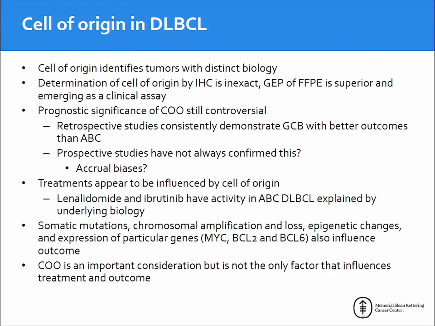I think the effects in clinical trials have to do with biased clinical trial accrual. But treatments do seem to be influenced by cell of origin. We need to understand and confirm the good outcomes of germinal center tumors with dose-adjusted EPOCH. That data is pending. Sequential chemotherapy with ifosfamide etoposide consolidations do very well in activated B-cell tumors, both in phase 2 and phase 3 studies.